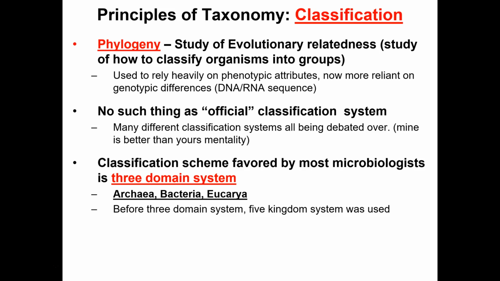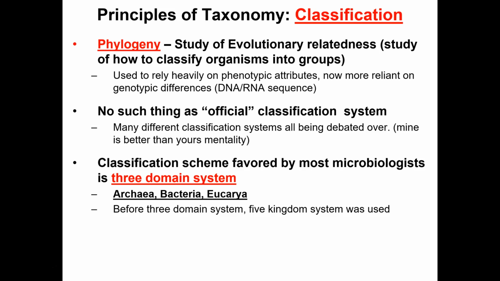So in the past, organisms were classified, and still a little bit to this day, based on phenotypic attributes. Okay, this bacteria looks and behaves like this bacteria, therefore they're related. Okay? We don't really do that much anymore.